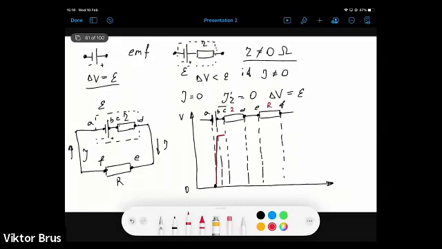So when electric current flows through this internal resistance, we lose certain potential, which again then is saturated. And here, this saturation level happens at this epsilon value, electromotive force.